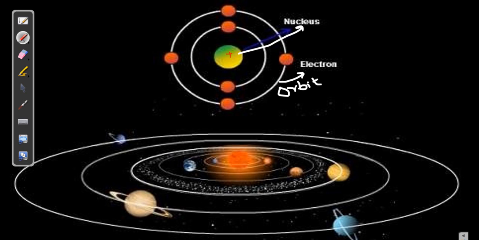The circular path around the nucleus where the electron moves is known as an orbit. An electron revolves around the nucleus just like a planet revolving around the sun. This is the planetary model of an atom which was proposed by Rutherford.